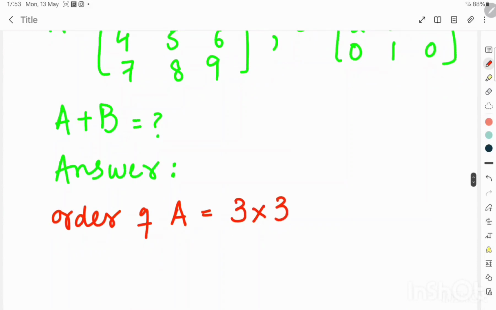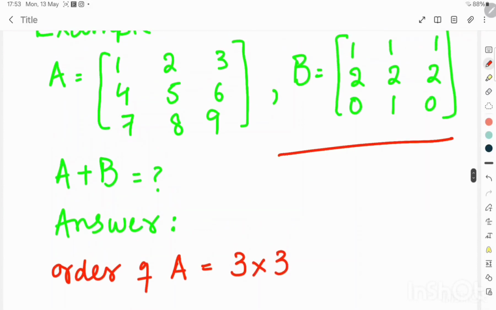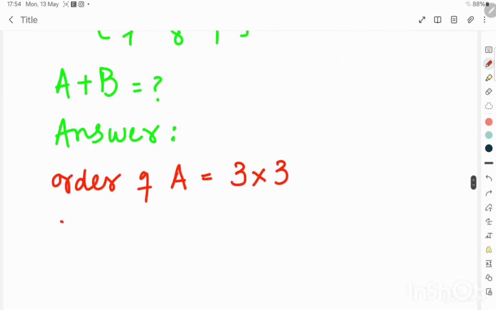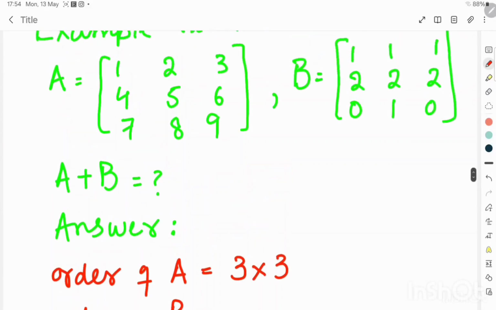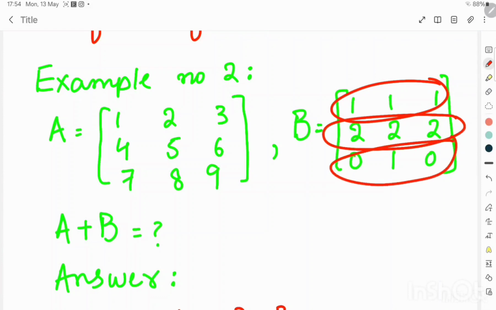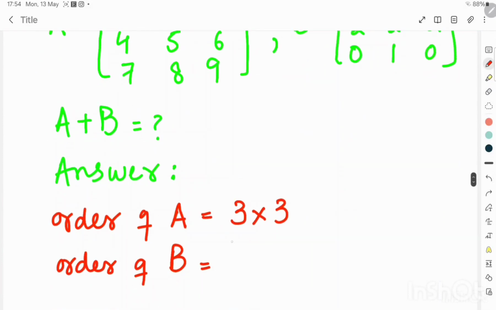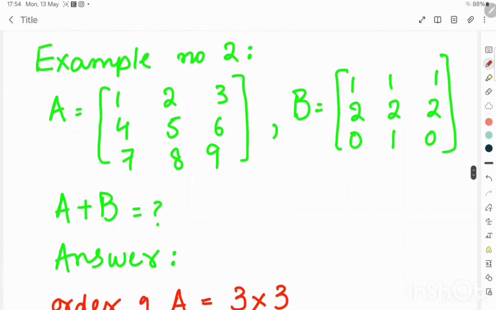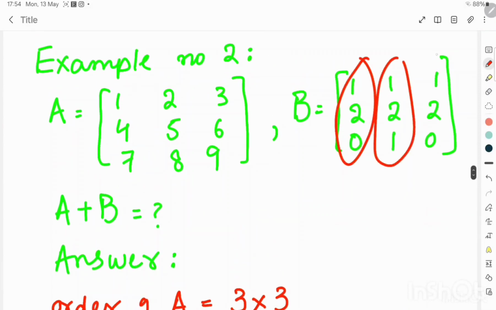Now I have to find the order of the second matrix, that is B. Again the same formula will be used, and I have to find the order of matrix B. So here the number of rows are 1, 2, 3 and the number of columns are 1, 2, 3.